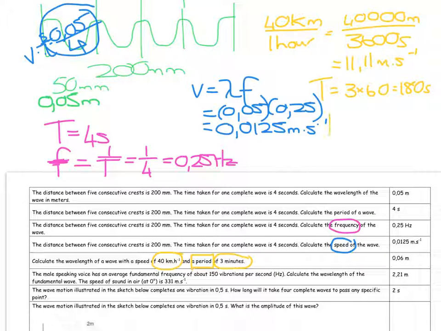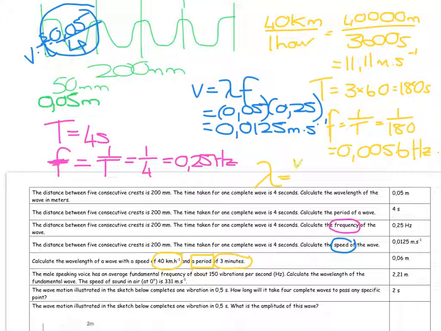And therefore, the frequency is equal to 1 over period, which is 1 over 180. And that is going to be 0.005555, so it's 0.0056 hertz. Now I can work out wavelength.